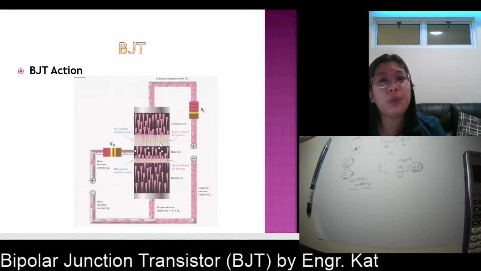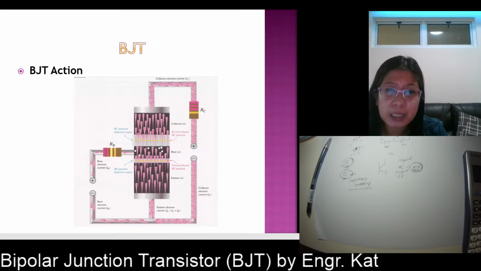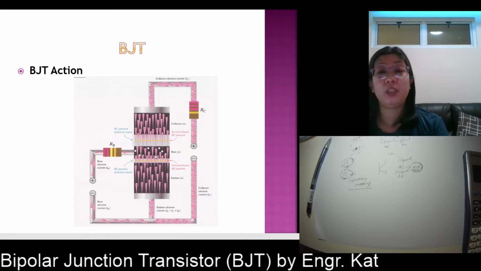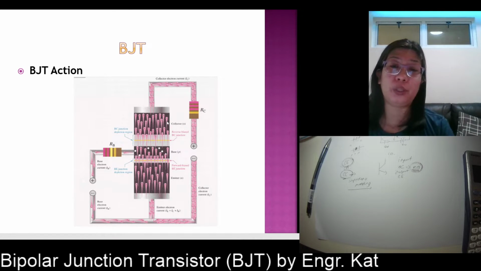So we are going to reverse bias the base-collector junction, because upon reverse biasing, majority carriers cannot transfer from the base to the collector. What is the majority carrier at the base? Since this is NPN, the base is P-type, and the majority carriers are the holes. So holes cannot transfer from the base to the collector.